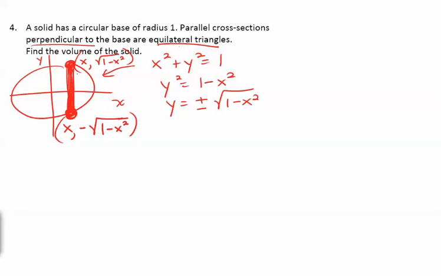So we now know this distance across. This distance across would give us twice that radical. So that's going to become the base of our equilateral triangles. We're going to build equilateral triangles that have this length as their side.